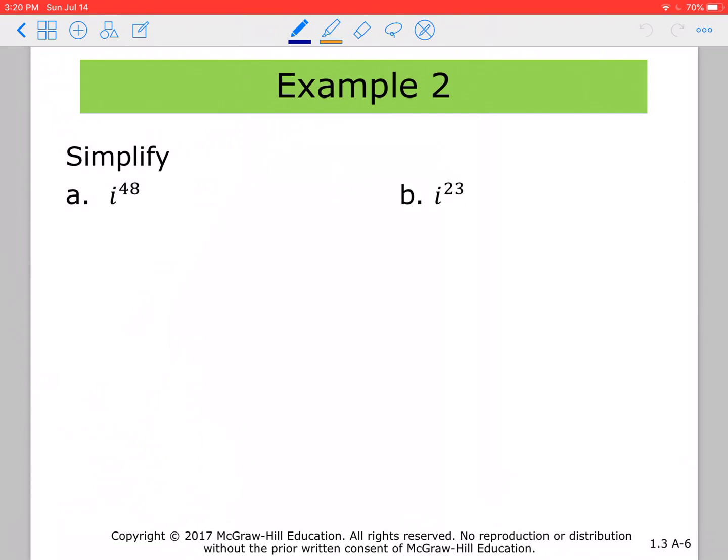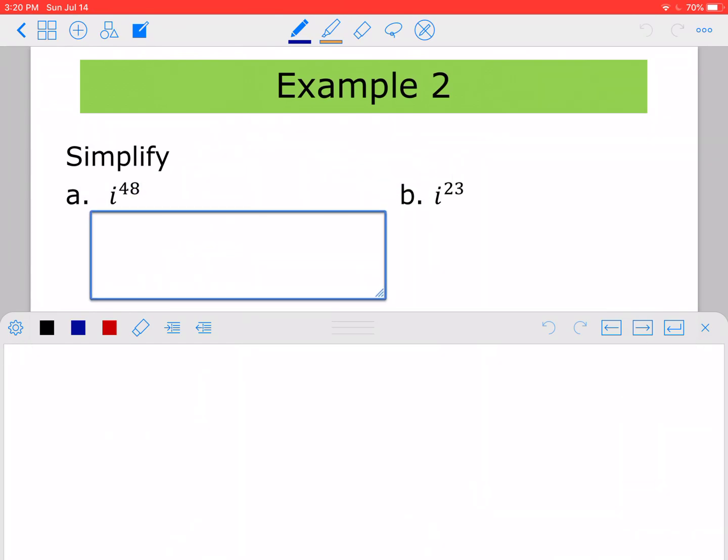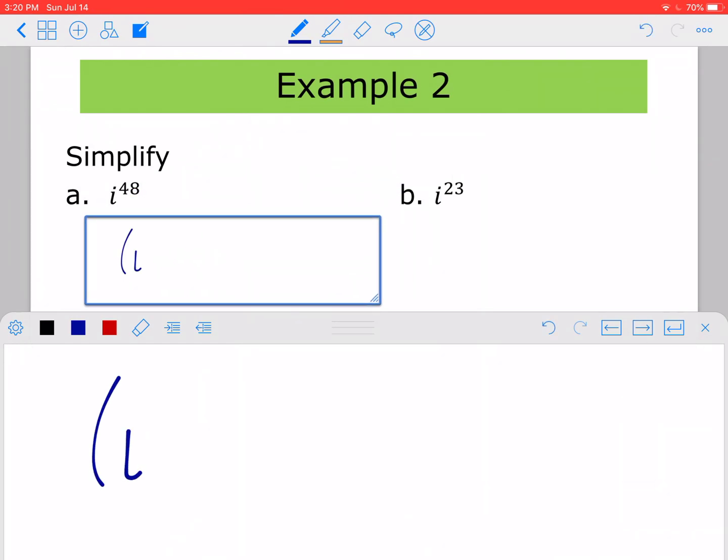Well, i squared to the 24, that would be 2 times 24 is 48. That would be the same. And so now that we've got this in terms of i squared, which is negative 1, we have negative 1 to the 24th. If we have a negative to an even power, that gives us a positive. Answer is positive 1.